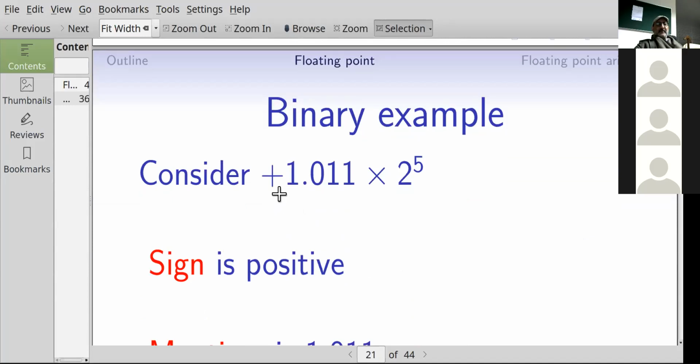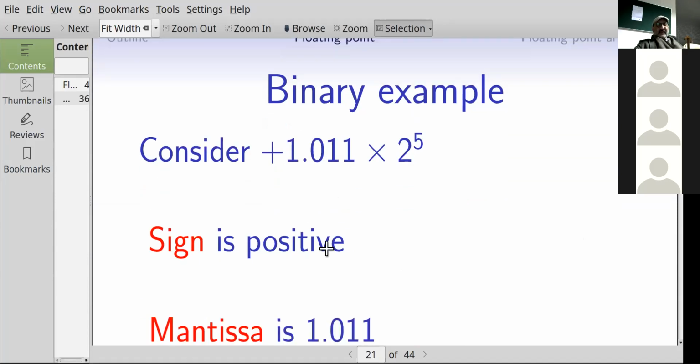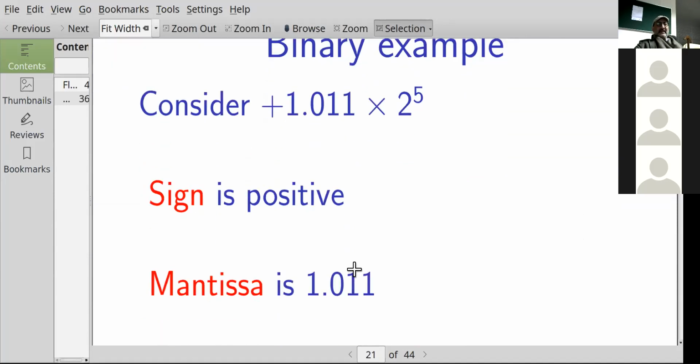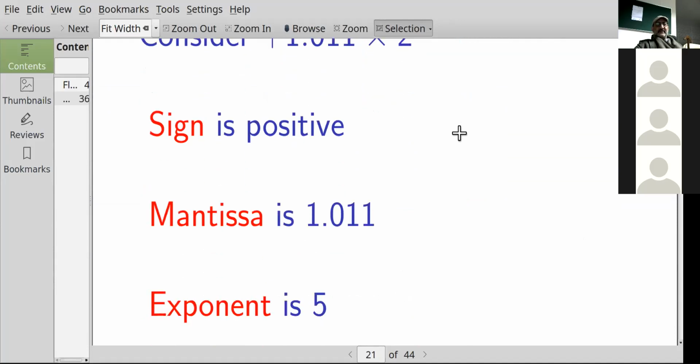Supposing that I've got positive 1.011 times 2 to the 5. The sign is positive. The mantissa is 1.011, and you're multiplying by 2 to the 5, so the exponent is 5.